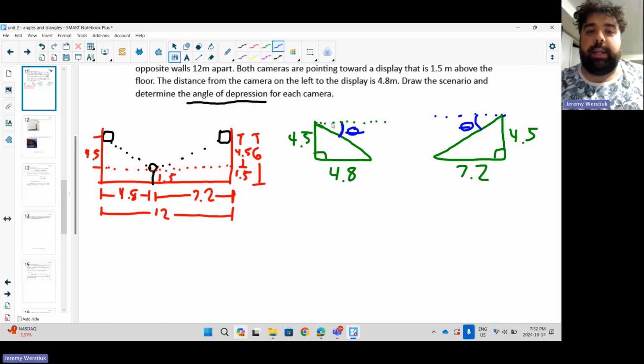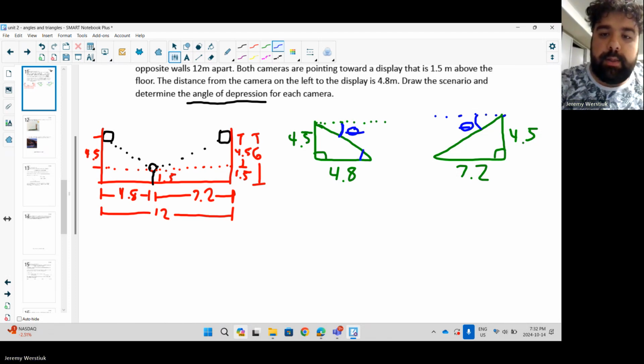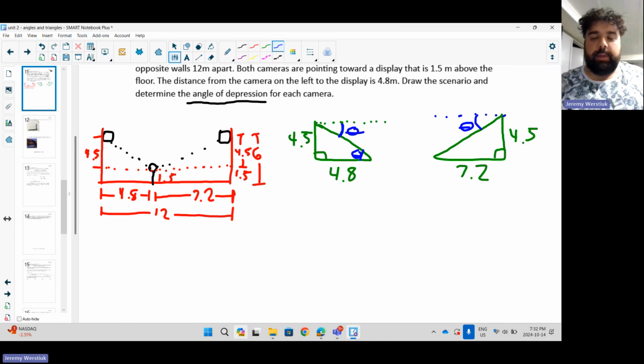Now, this is already kicking back to what we did in the first part of this unit. If I've got two parallel lines up there and down there, and I've got a transversal that cuts through them, that's what my hypotenuse is here. My hypotenuse is a transversal. Then this angle is going to be the same as this angle right here. They're going to be alternate interior angles.